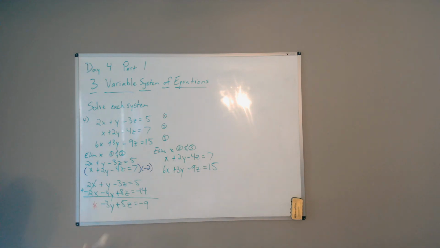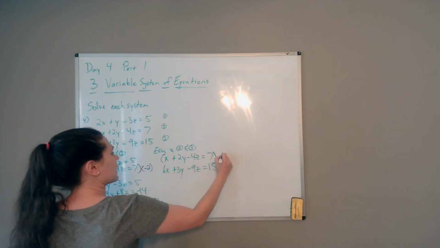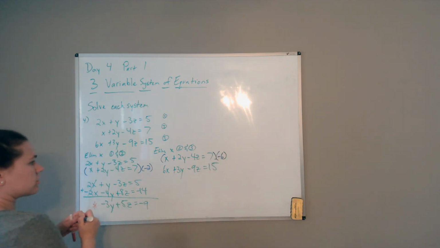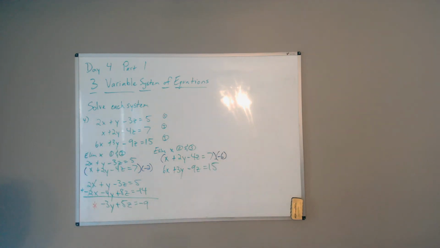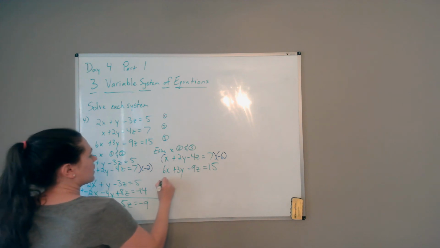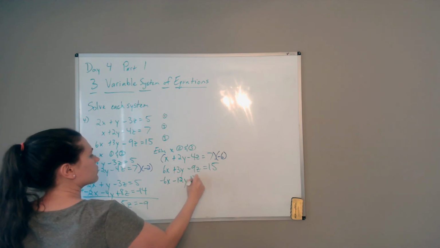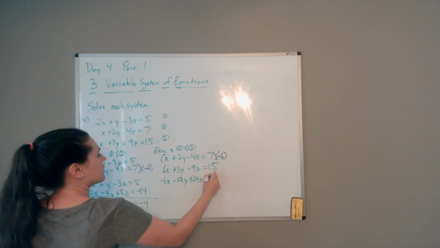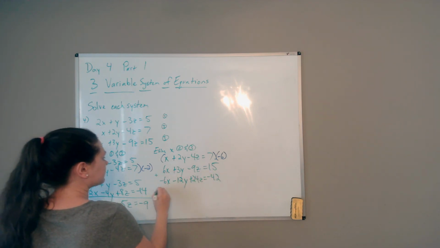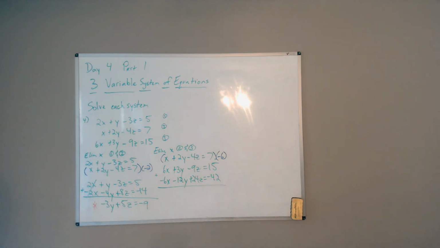Okay, so we want to get rid of x, so we have to multiply the first equation by -6. So I'm just going to write it right below. And so that's going to give us -6x minus 12y plus 24z equals -42. And so that is what we have to add together, those two equations.